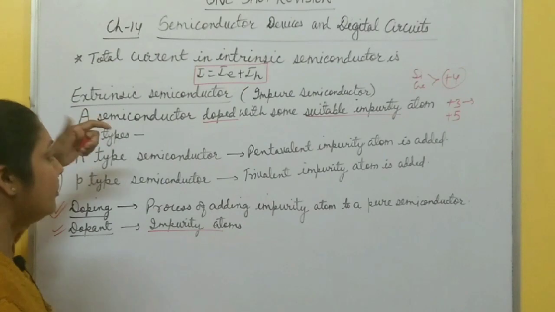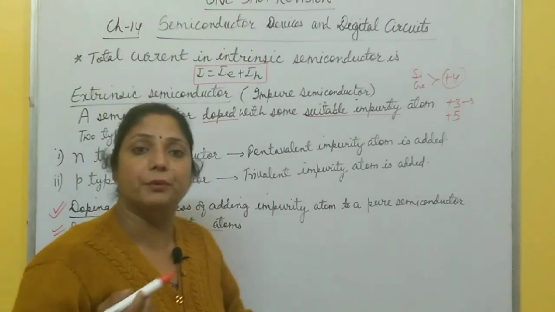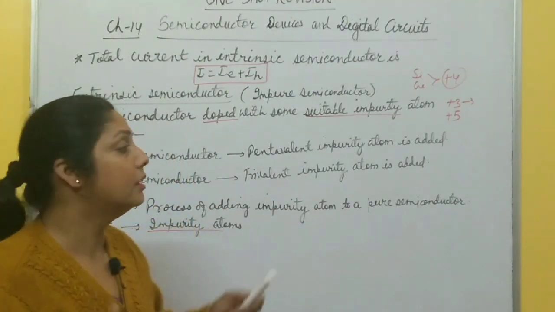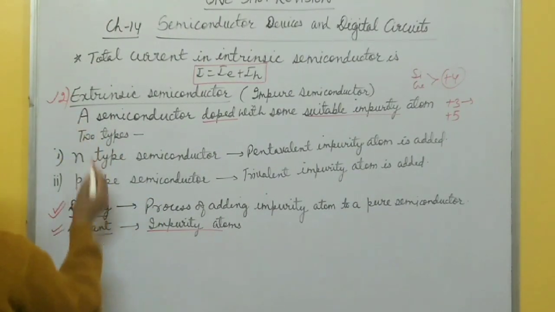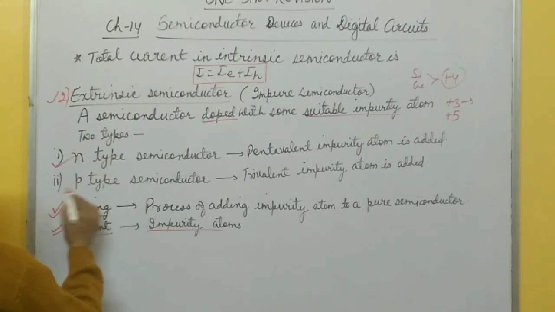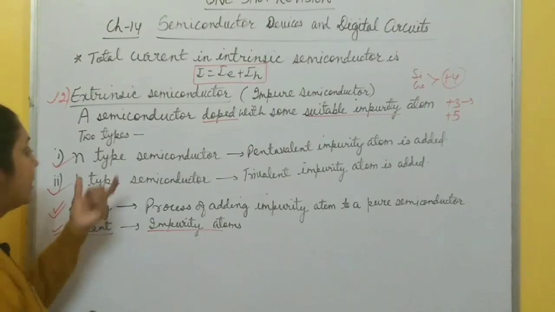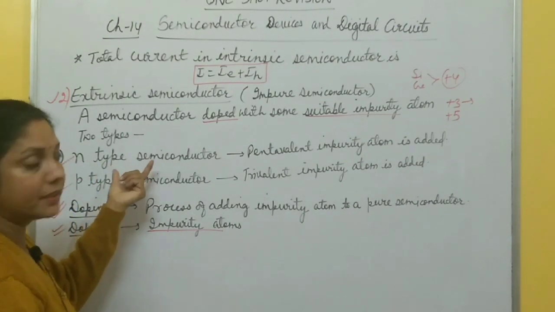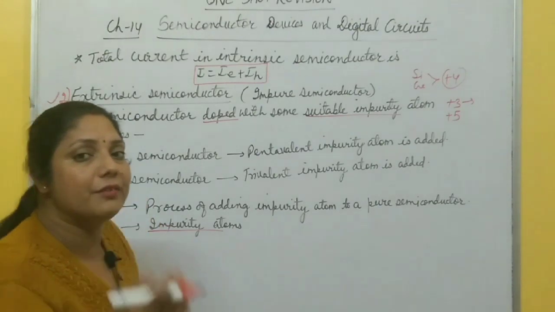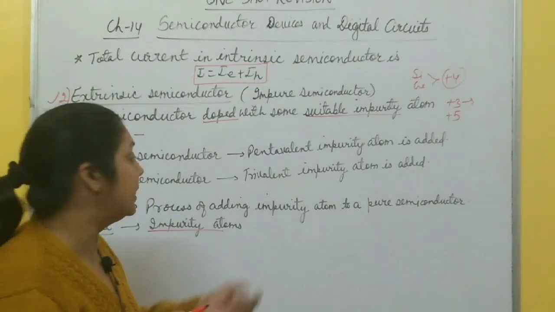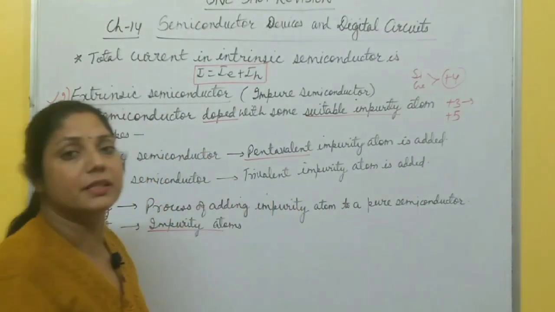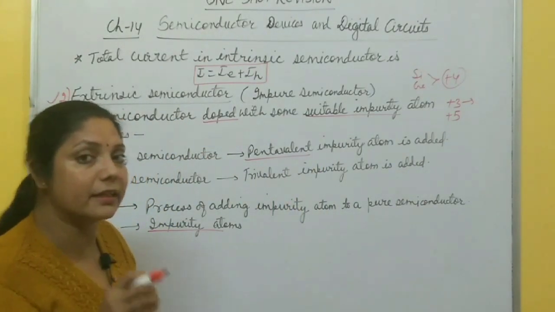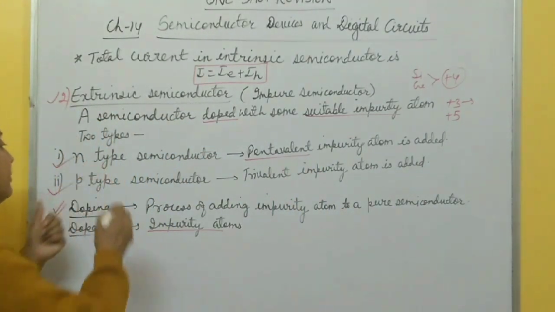On the basis of the type of impurity atoms added to a pure semiconductor, extrinsic semiconductors are of two types: N-type and P-type. I will discuss N-type in detail. If plus 5 valence electron impurity atoms, meaning pentavalent impurity atoms, are added to a pure semiconductor, then the resultant extrinsic semiconductor is called N-type.